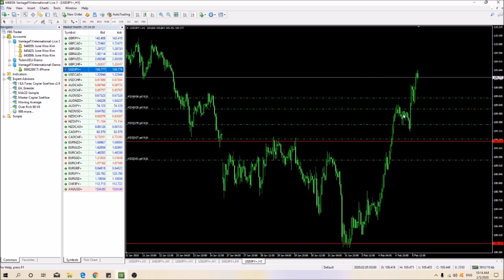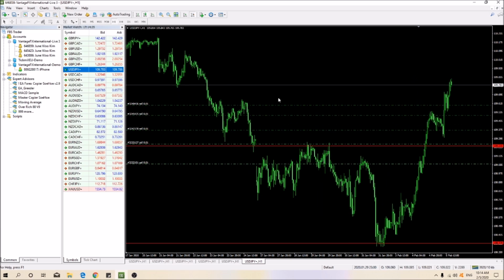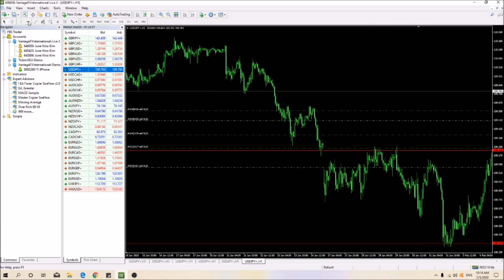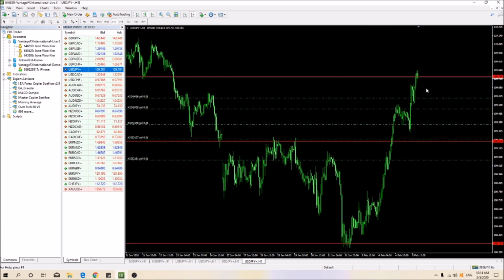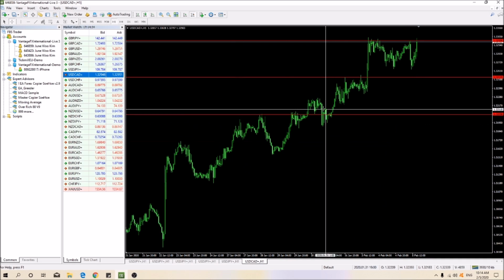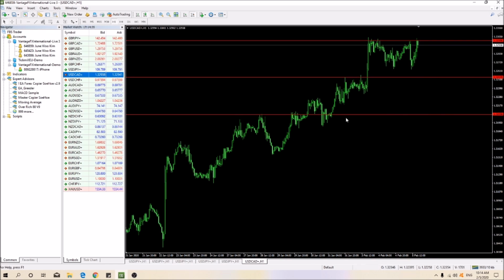USD JPY is still bullish. See here, there's a resistance right here, so you can definitely see a rejection at this price level, and it'll go back down. USD CAD broke through multiple resistances, and we can draw a trend line right here.